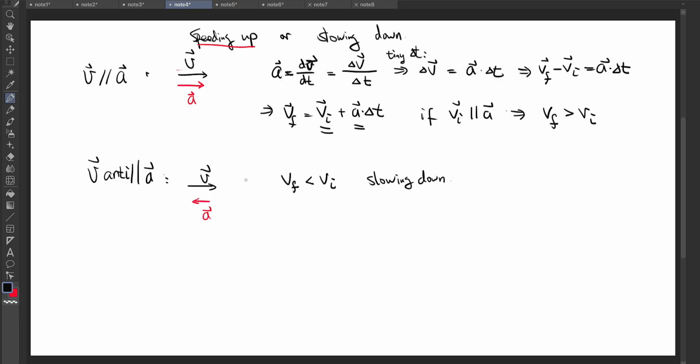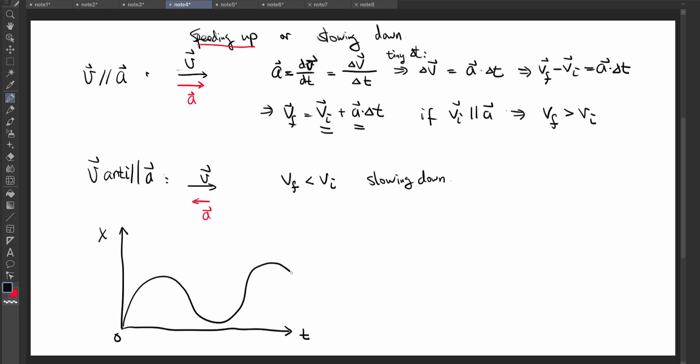Okay, so now let's combine this with the curving up and curving down picture that we talked about for 1D, and let's apply this understanding to those XT diagrams, and see if we can extract some information about this object's motion. So here's the diagram, curve down and then curve up and then going on.